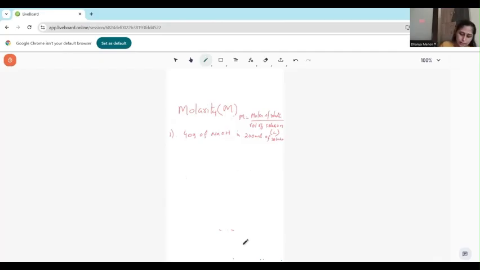I need to find molarity. I've written down the formula over here. So for that, I need to find the moles of NaOH. Sodium is 23, oxygen is 16, hydrogen is 1. So what is the formula for moles? Mass over molar mass.